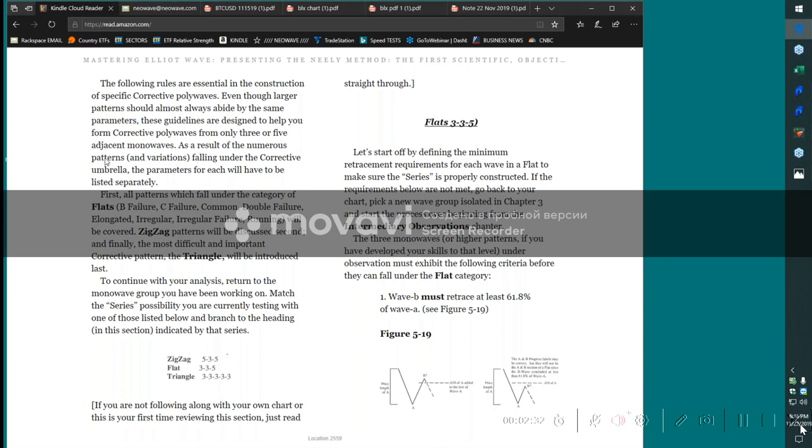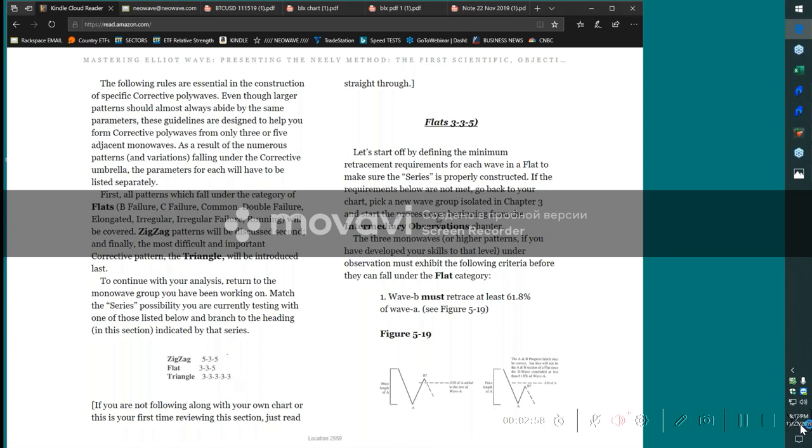You know you're in a zigzag because you have the potential for a 5-3-5 sequence. In a flat, the first move is retraced more than 61%, so that eliminates the possibility of the 5. So you make it a 3, and then the last segment needs to be impulsive. And if all of them retrace each other a lot and the market continues on the third segment and just continues to contract or expand, then you would assume a triangle kind of environment.